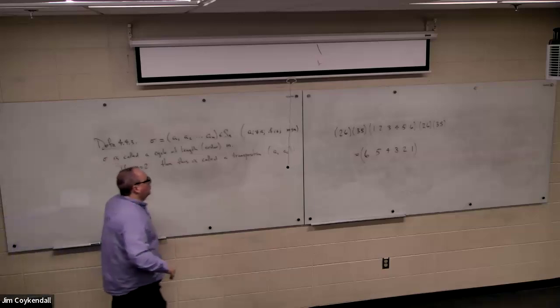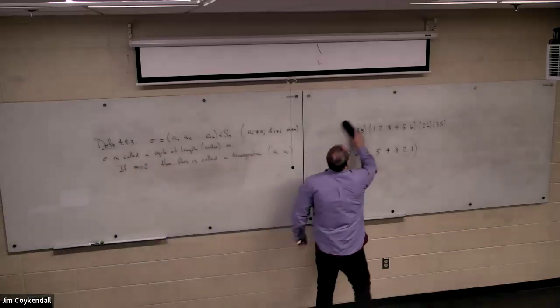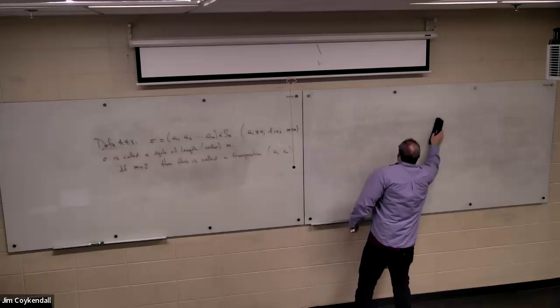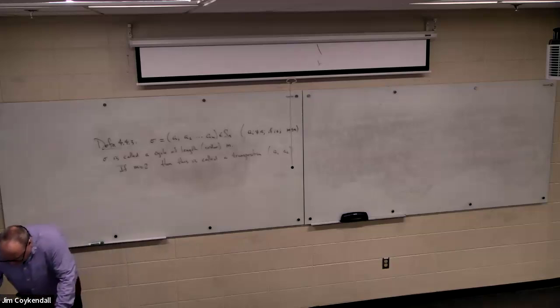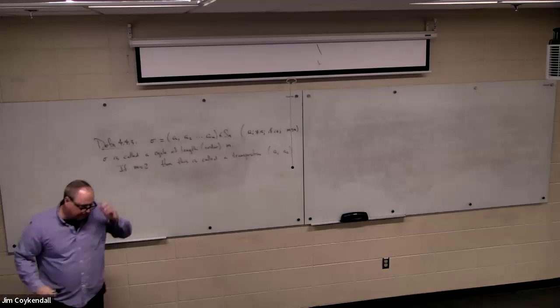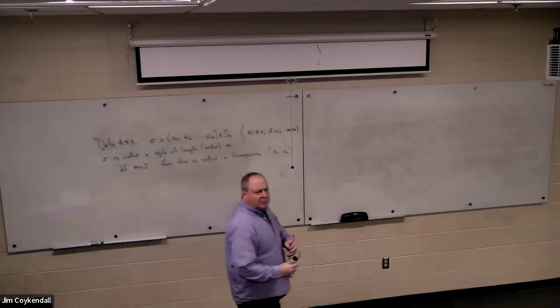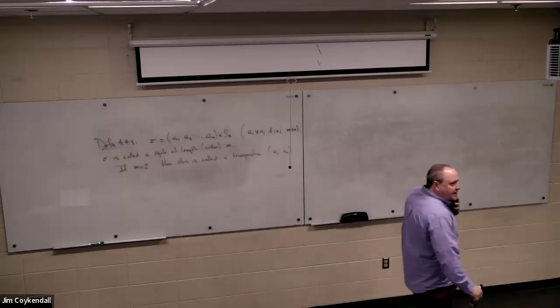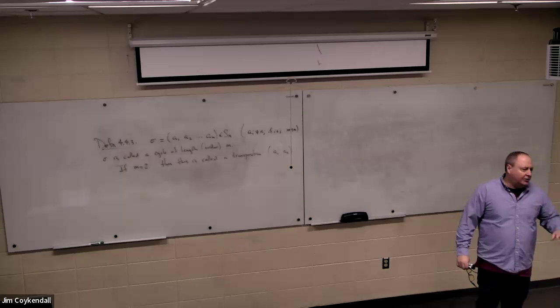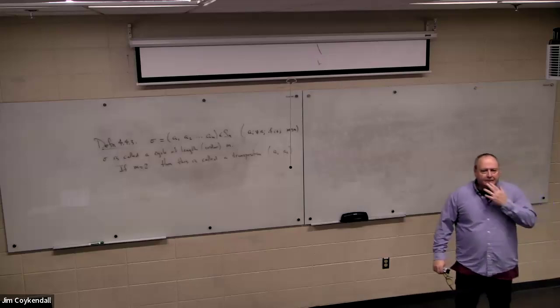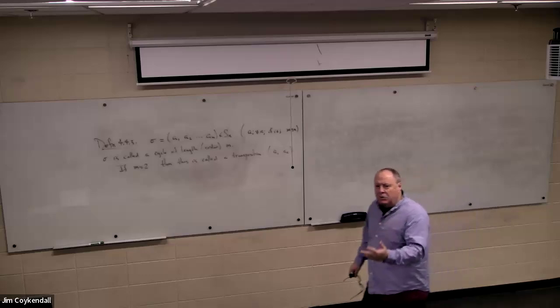Let me ask you all a question just for fun. How many of you play cards? If you take a standard pack of 52 cards and you shuffle the heck out of it until it's random, can you get it back?